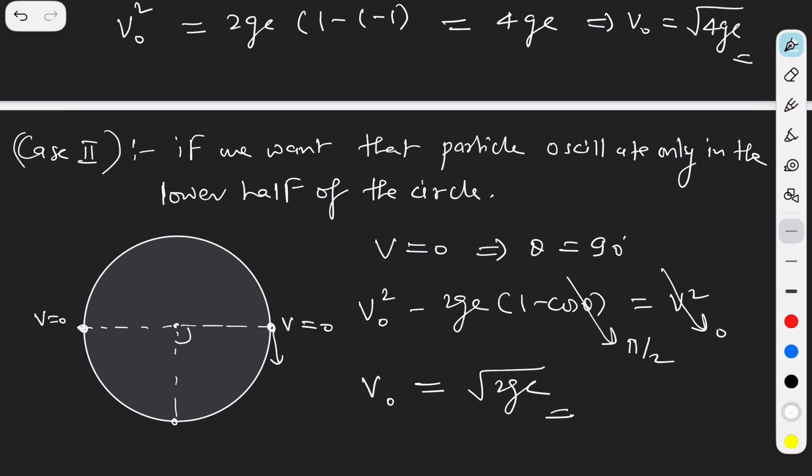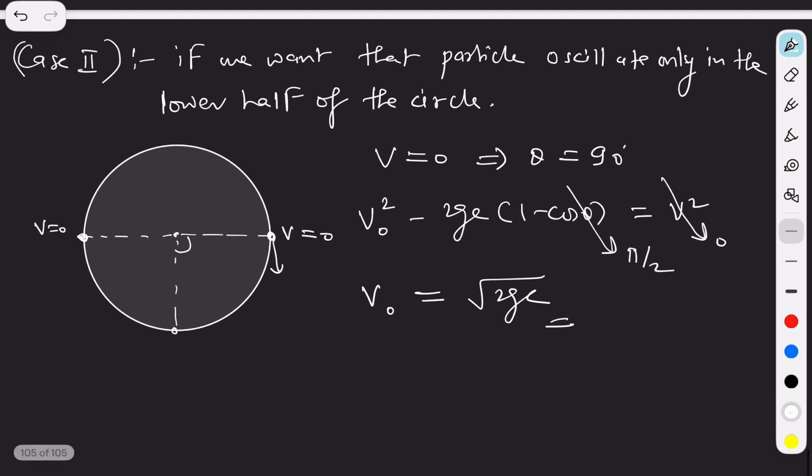So v naught should be equal to root 2gl if you want to just reach the verge of the lower half of the circle. So we can say that v naught should be less than or equal to root 2gl, and greater than or equal to 0, to stay in the lower half of the circle.